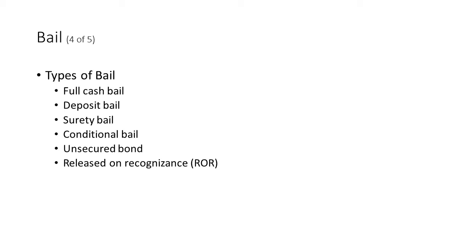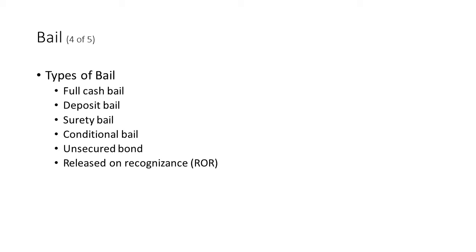available. So if you're a defendant, the option you certainly want is ROR, or released on own recognizance. This is a release on a promise that you'll appear in court. You don't have to post any money. You don't have to post any bond. We'll get to those in a moment. You are free to go on your word that you'll return to court.